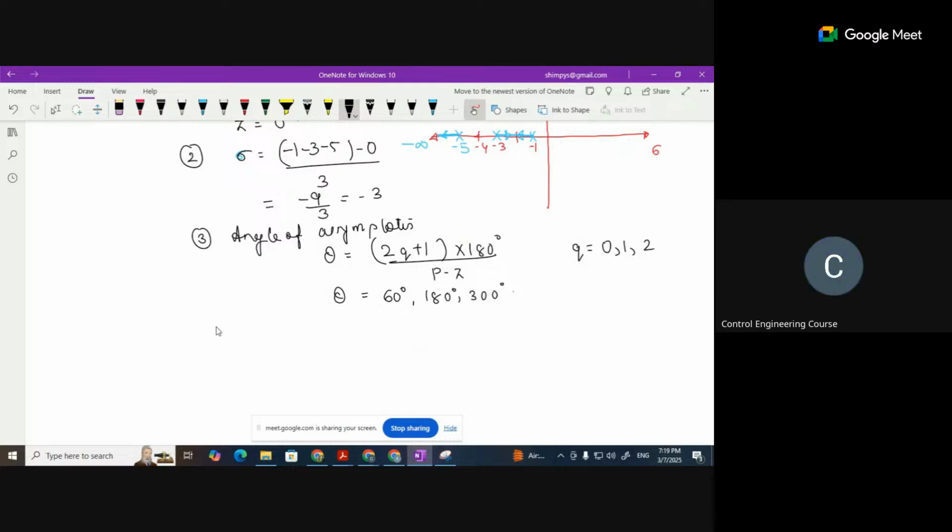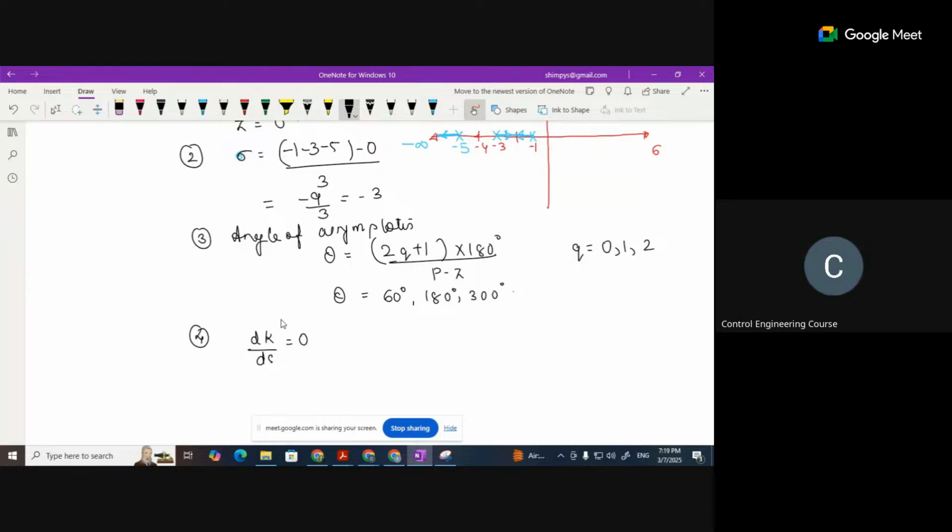Once you've found that, the breakaway point. Find out dK by ds equal to 0. So how much will it come out to be? Can you calculate it quickly? Minus 1.8452.